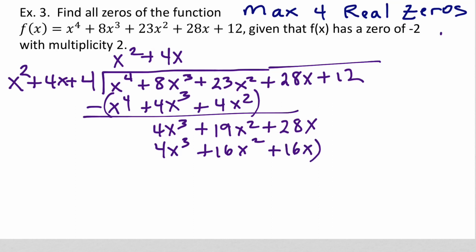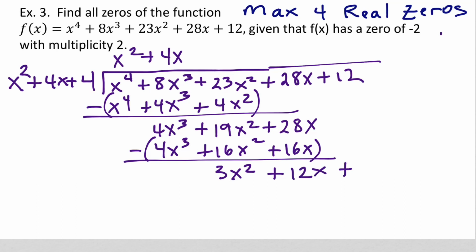I'm ready to subtract. I get 0, 19 minus 16 is 3x squared, 28 minus 16 is 12x. Bring down the 12.